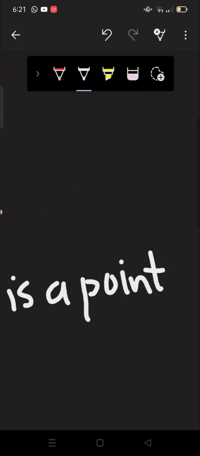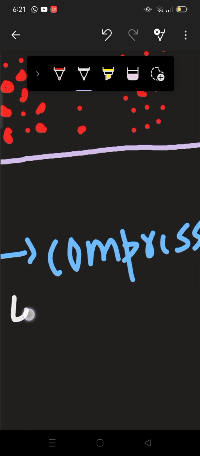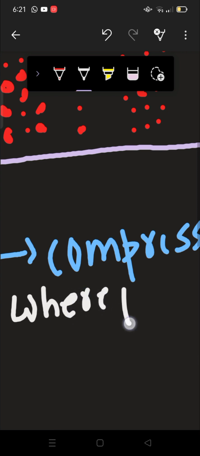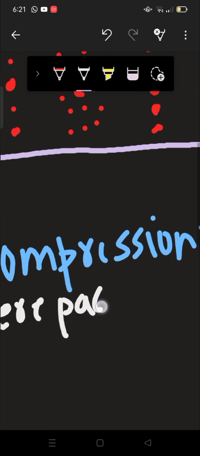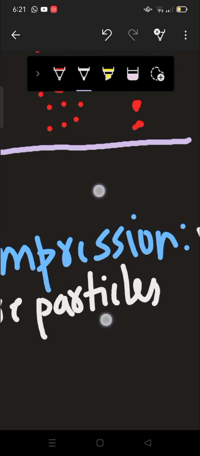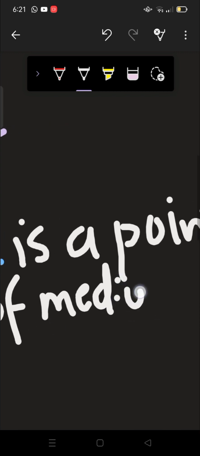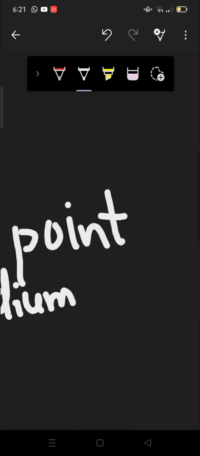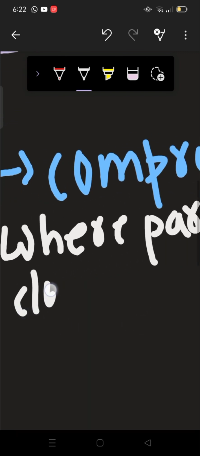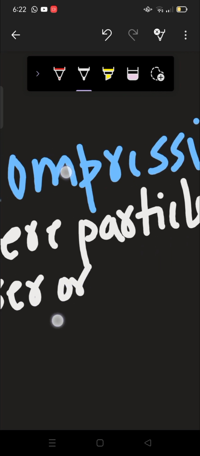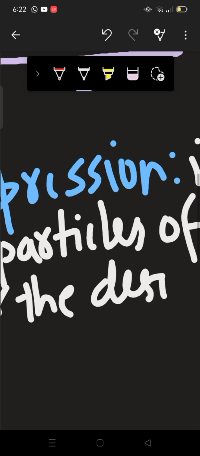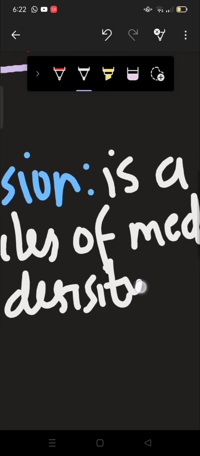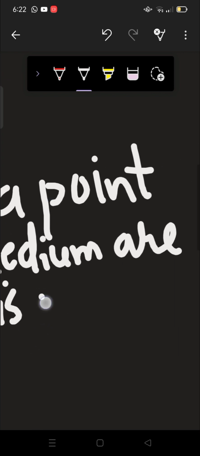It is a point where particles of the medium are closer, or the density is maximum. Density is maximum.